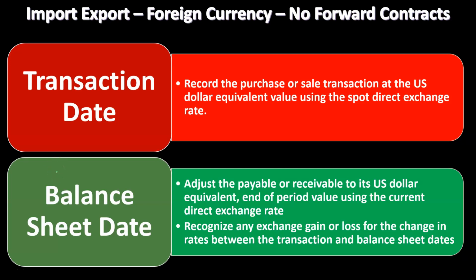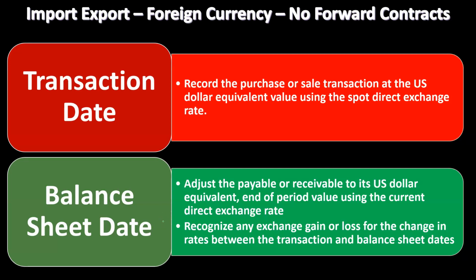That means as of the balance sheet date, we're going to have to make an adjustment because there's going to be a change in the spot rate from the date of the transaction to the balance sheet date. So we're going to have to adjust the payable or receivable to its US dollar equivalent and end of period value using the current direct exchange rate. So obviously we'll have to revalue our receivable or payable if we're going to receive or pay in foreign currency, using the current spot rate.